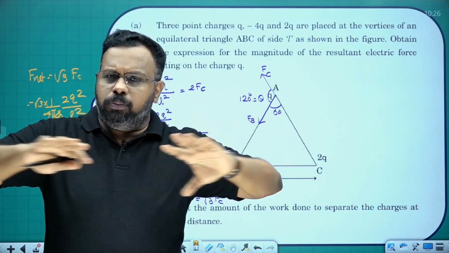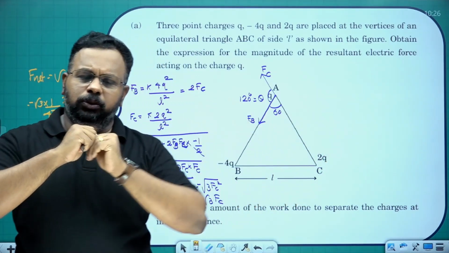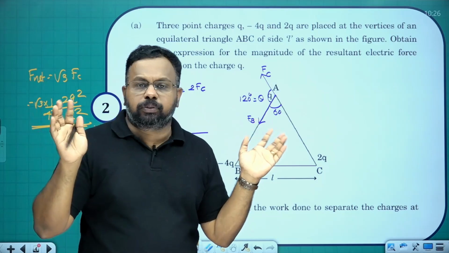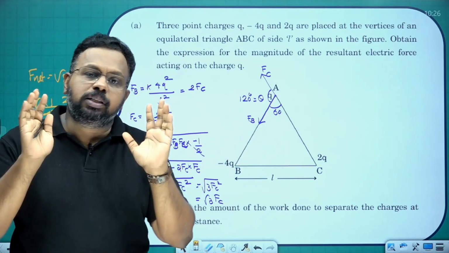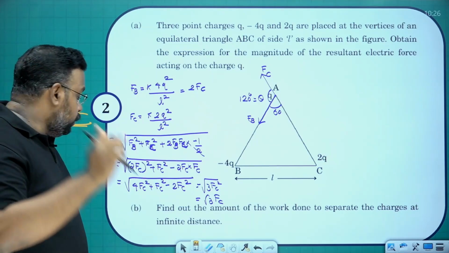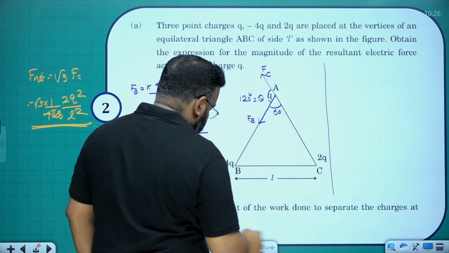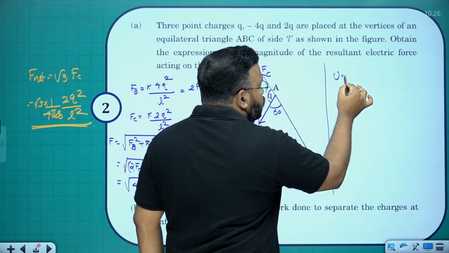The amount of work done to separate the charges, or to break the system, or to dissolve the system: in all these types of questions, they are asking the energy of the system only. So this is a system of how many charges? 3 charges. You know the formula for potential energy of a system of 3 charges.